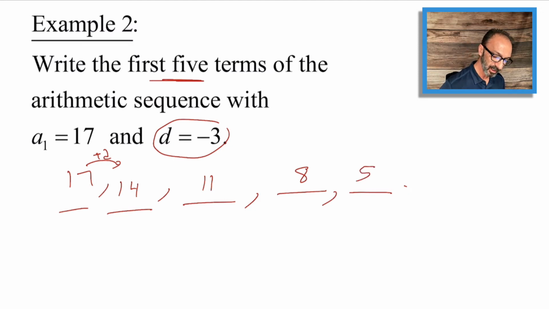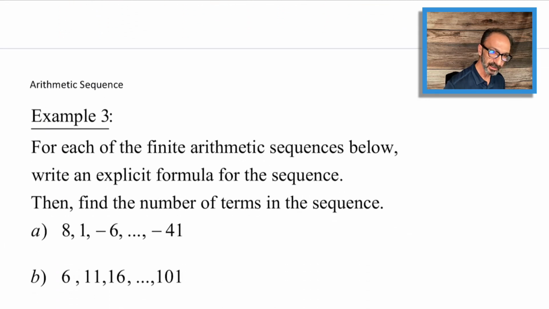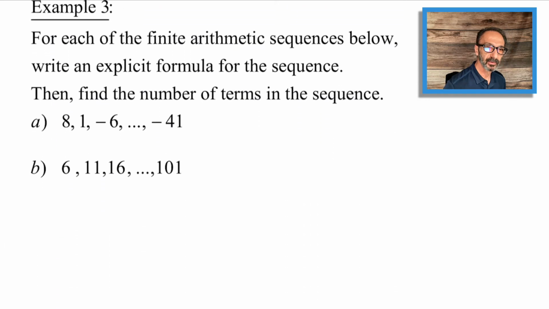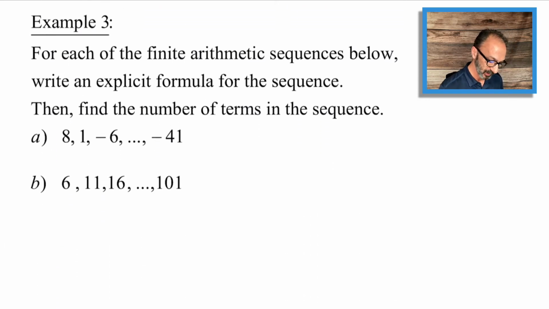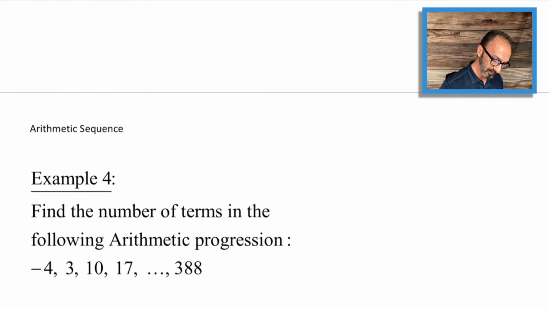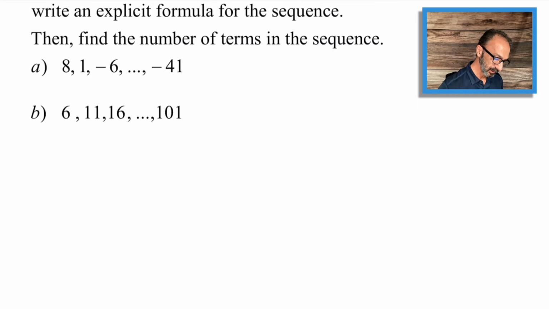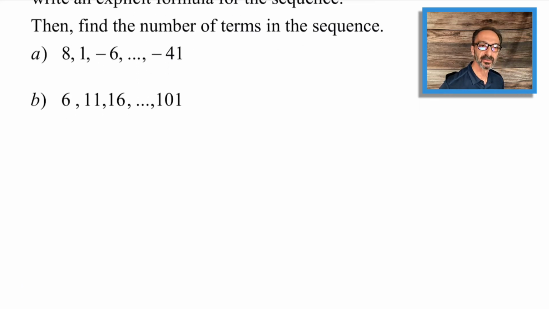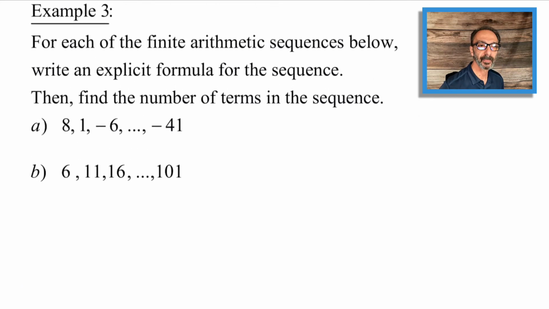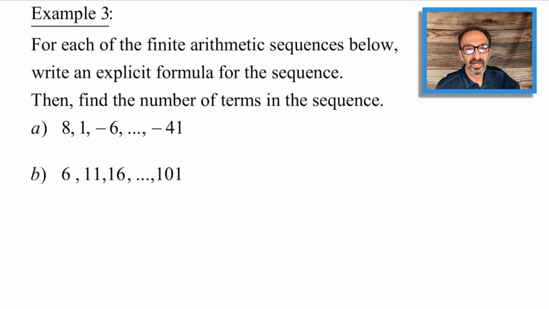Just to give you the concept of what is arithmetic sequence. Example number 3. I have 2 parts here. For each of the finite arithmetic sequences below, write an explicit formula for the sequence, then find the number of terms in the sequence.